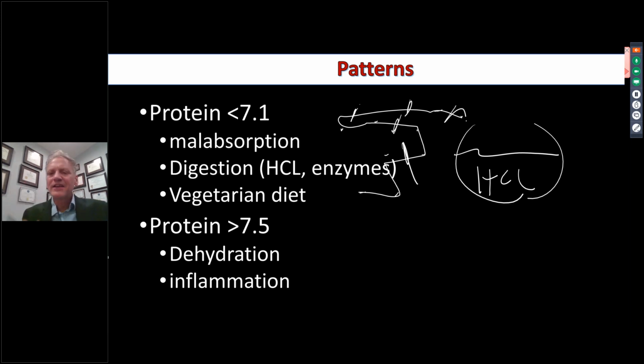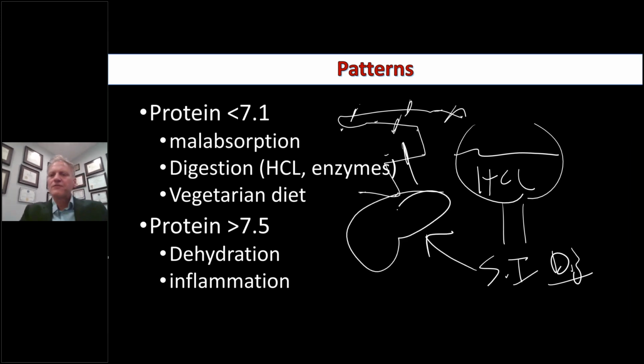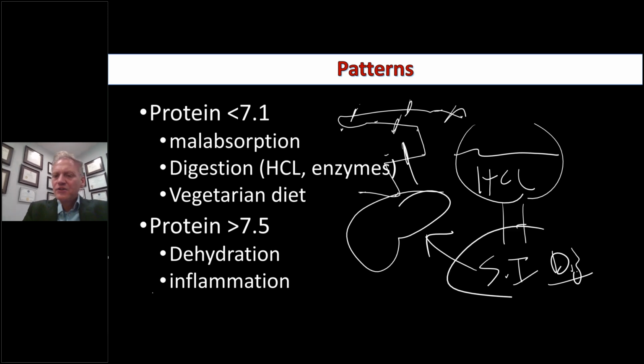It's going to break it down into little bitty chunks so that when it gets into the small intestine, your digestive enzyme can take that small chunk and get it to its individual amino acid so you can get it to the liver. So if you have low HCl, you can't break the proteins down into these little chunks, and therefore the small intestine cannot do its job and break it down into individual amino acids.